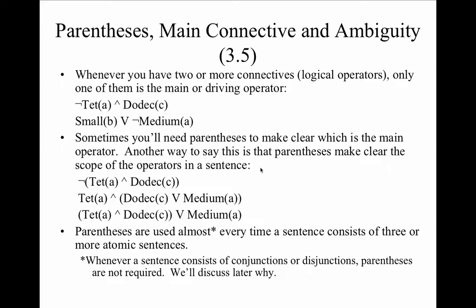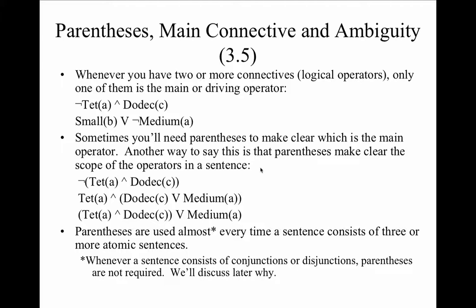Now what we want to do is take a look at how parentheses work in a compound sentence. What we use parentheses for here is to denote or set off compound sentences as a unit. So take a look, for example, at the 2 sentences under the first bullet point.